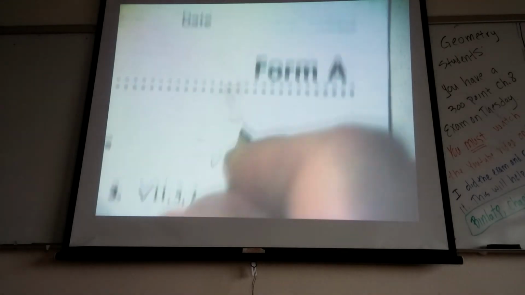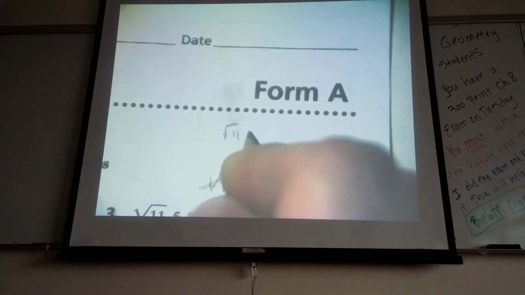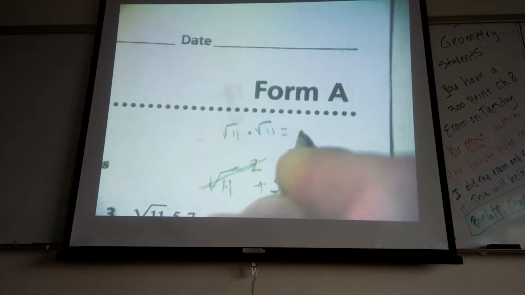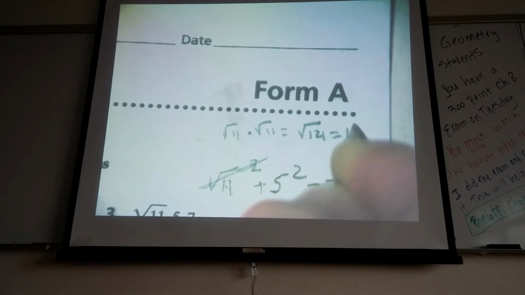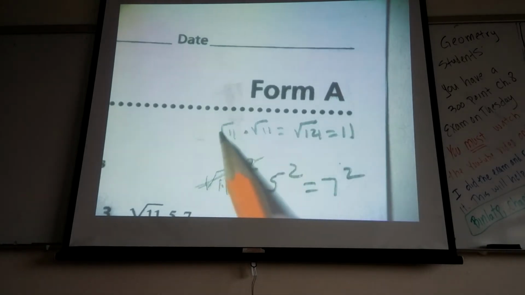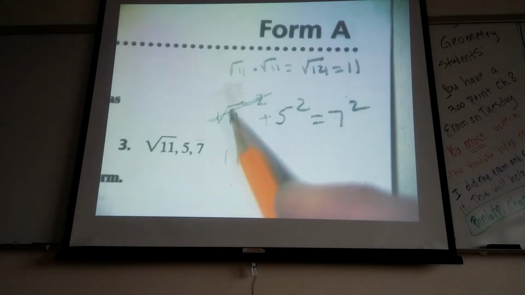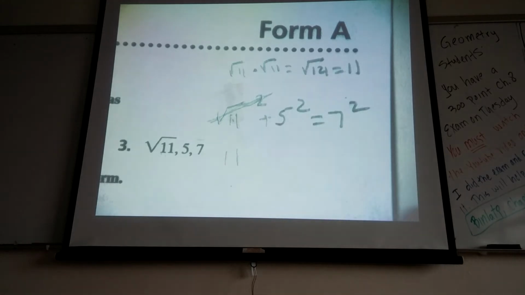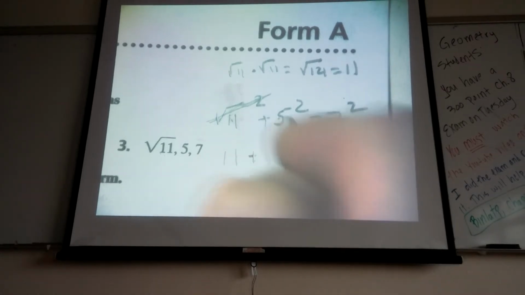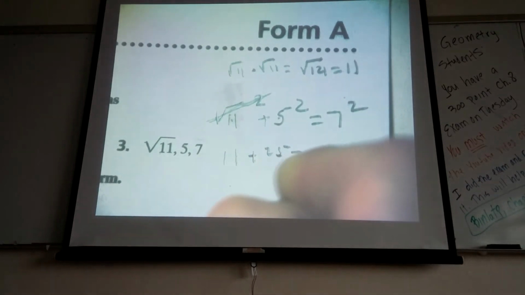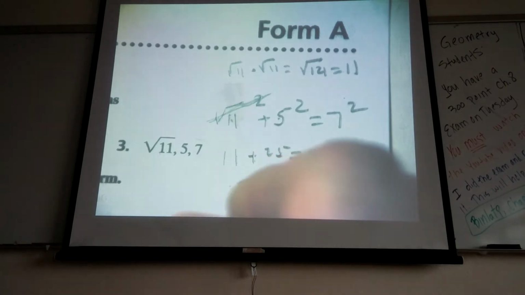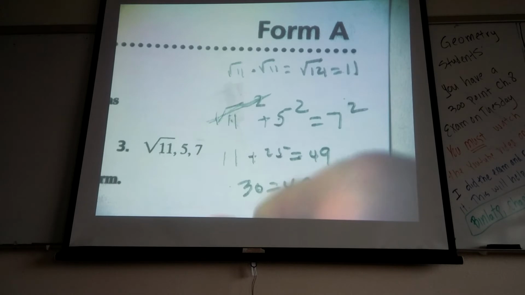Or if you want to do it the long way, you can go square root of 11 times square root of 11 is the square root of 121, and then the square root of this would just be 11. But I know that the square root and the square are inverse operations, and they will just cancel each other out. Here, 5 squared is 25, and here is 49, and here is 36 equals 49. So this is also obtuse.